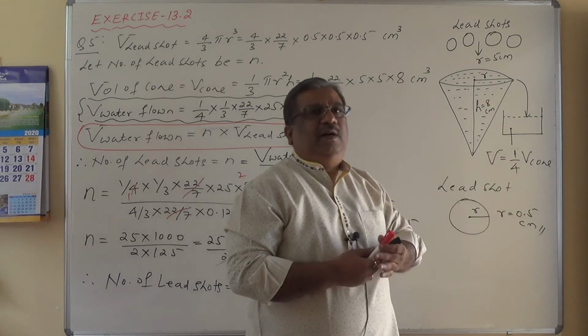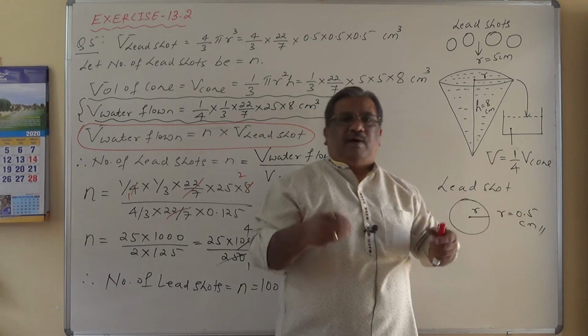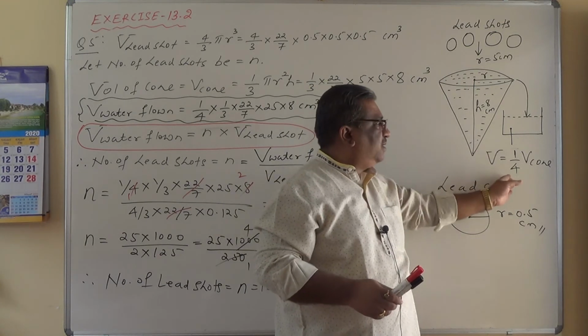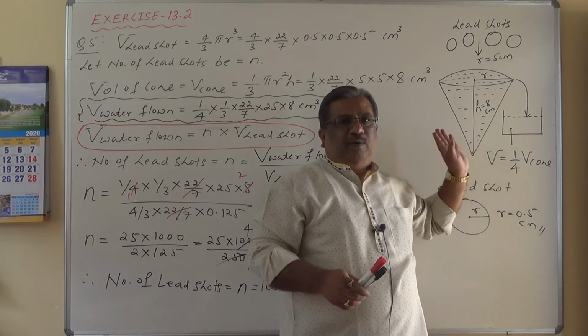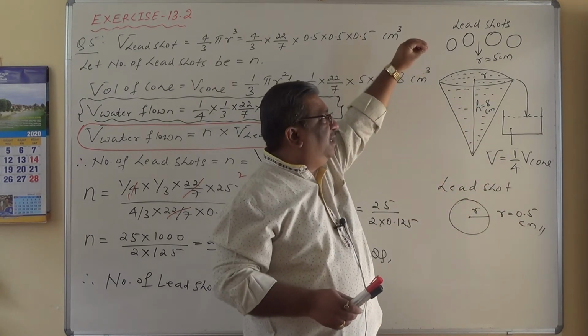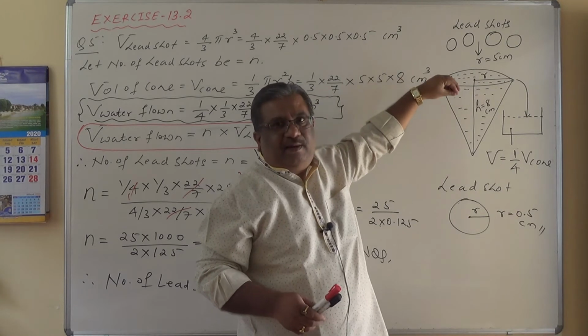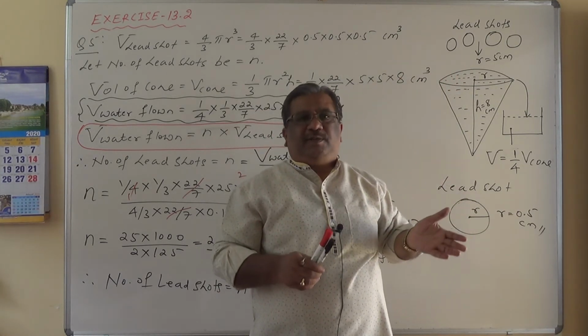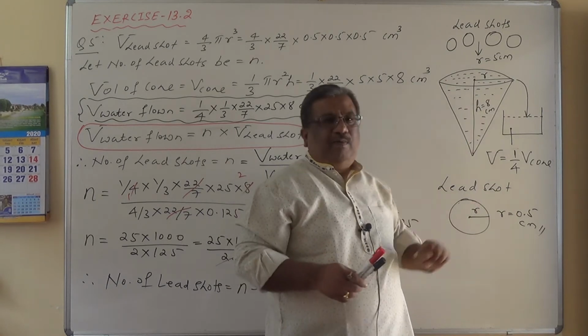That means the lead shots will displace the water equivalent to their volumes, and the volume collected is 1/4 the volume of the cone. That means water flown out when we pour the lead shots into this vessel, water will be displaced, and the volume of the water displaced is equal to 1/4 the volume of the cone.